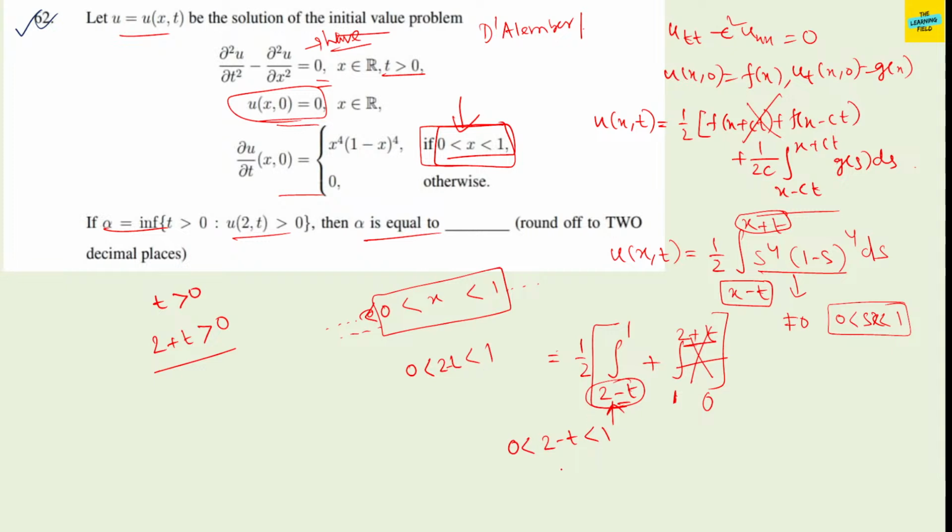This is the only possibility. 2+t is greater than 2, obviously, and outside 1 the value on this interval is completely 0, because the function is nonzero only in 0 to 1, otherwise it is 0 as given. Fine, so please comment, do you understand Poloy, or I will explain it in another way.